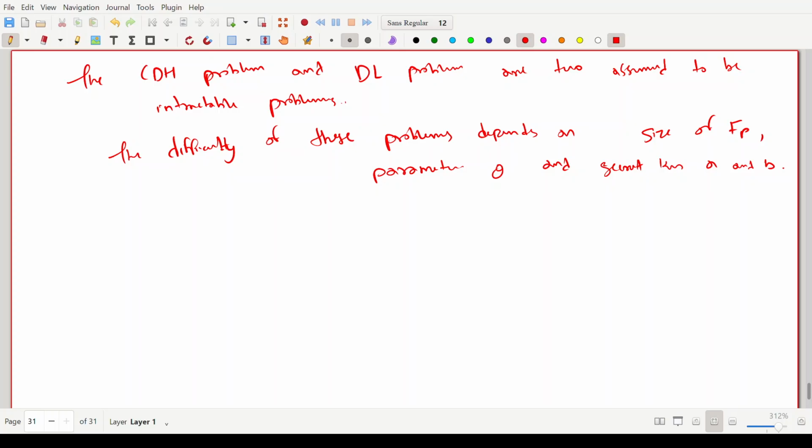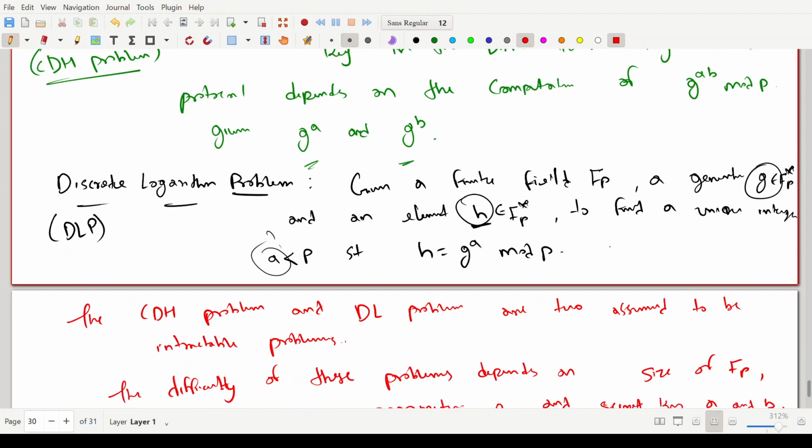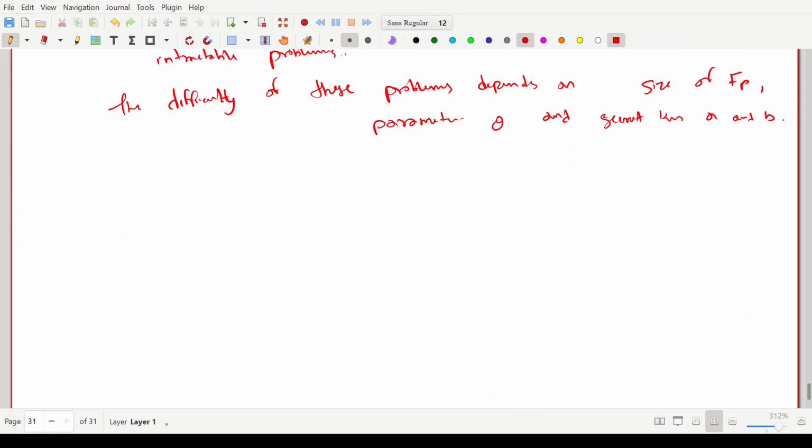Okay. Now, look at this one thing. It was told that the security of Diffie-Hellman key exchange is based on the CDH assumption. This is not based on the problem, but on the CDH assumption. So let me just quickly define what is CDH assumption and DL assumption.